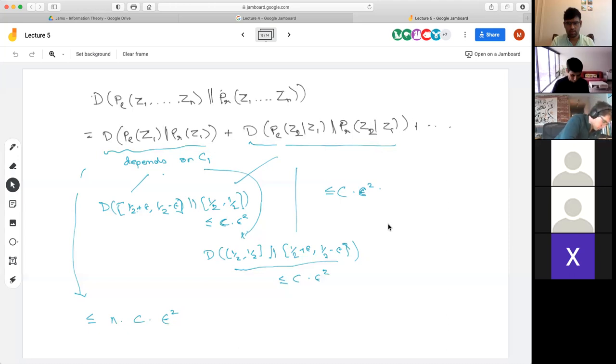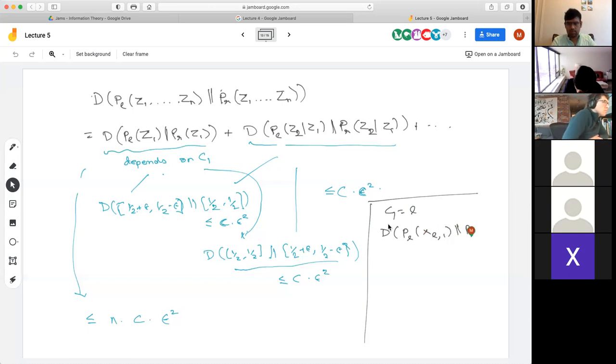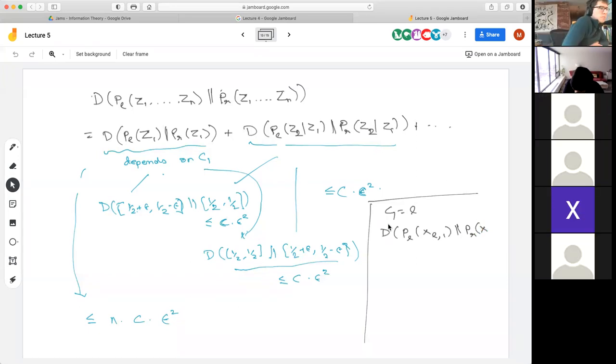Now, if you are going to look at the left hand as the first step of your strategy, let's say C1 is equal to L. Then what are the two distributions I'm going to look at? The two distributions I'm asking for is the KL divergence of P_L of X_L1 versus P_R of X_L1.